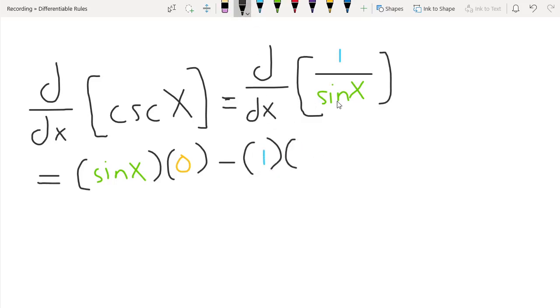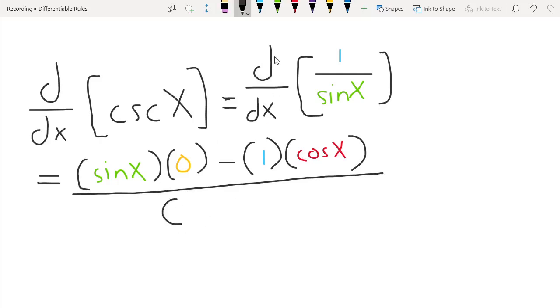And then d low, the derivative of sine of x is cosine of x. And this would be all over sine of x squared.